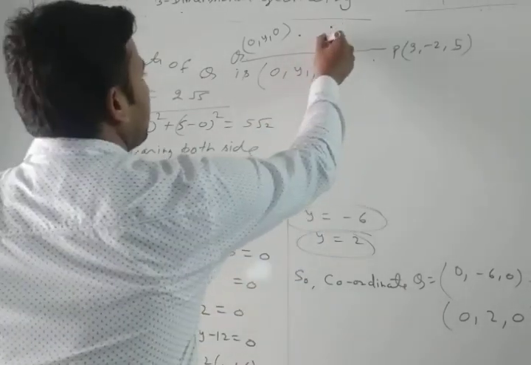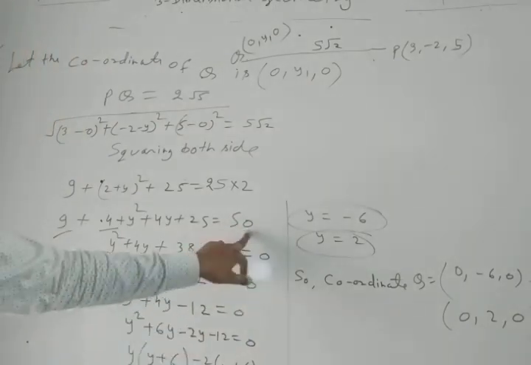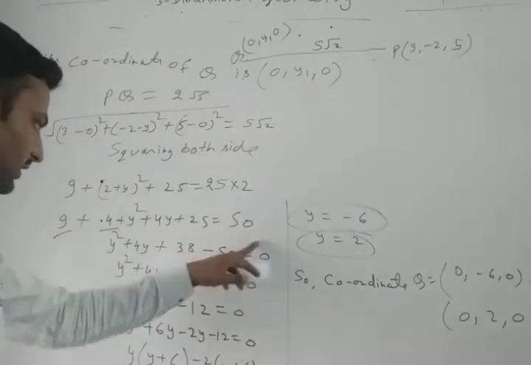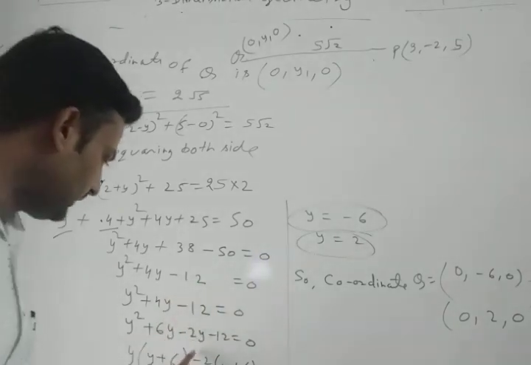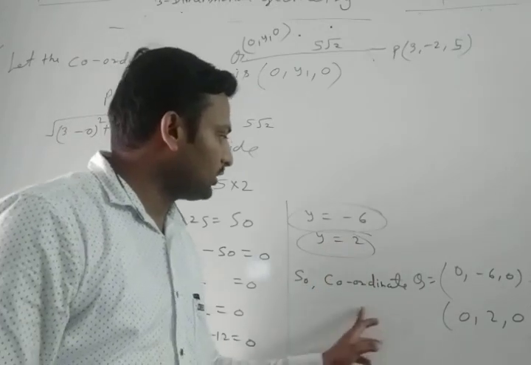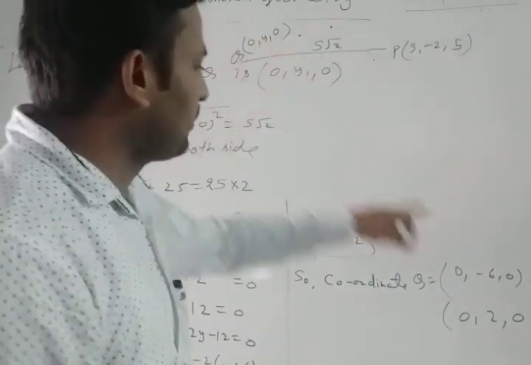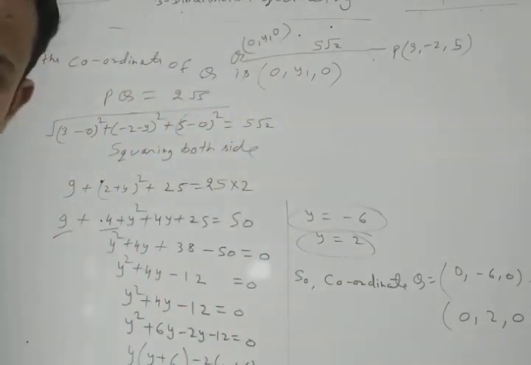Here it is 5 root 2, so squaring both sides, it will be 50. Now y square plus 4y plus 49 minus 50 is equal to 0, which gives y square plus 4y minus 1 equal to 0. After solving the equation, we will get y is equal to minus 6, y is equal to 2. So the coordinate of Q is (0, minus 6, 0) and (0, 2, 0). Okay. Thank you.